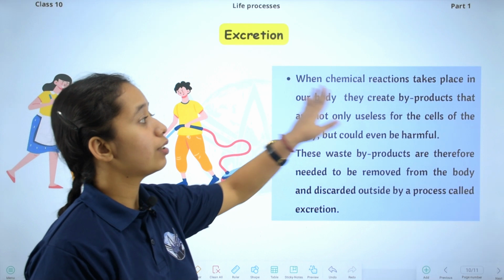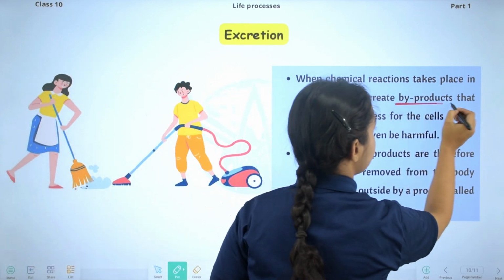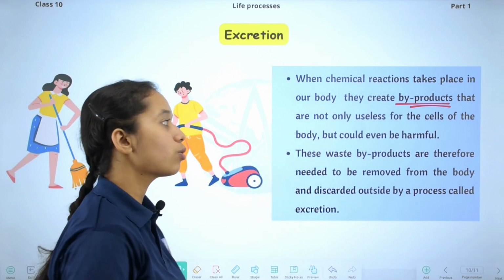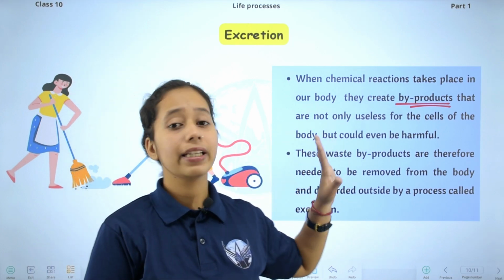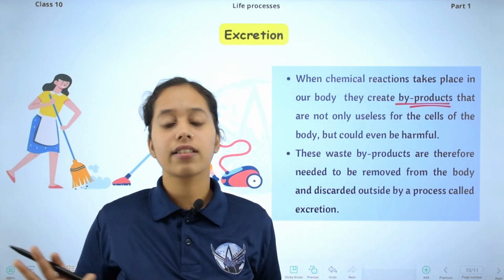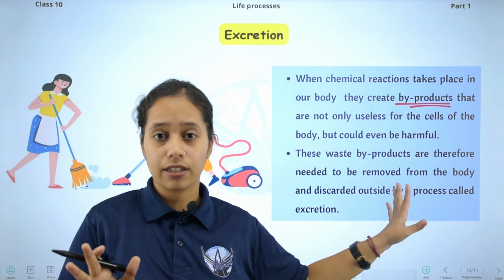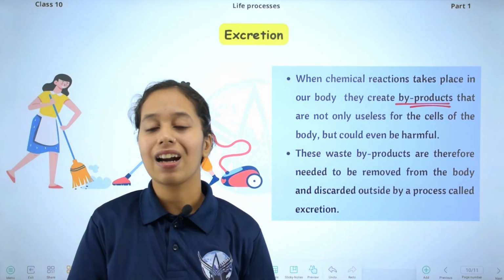So when chemical reactions take place in our body, they create byproducts that are not only useless for the cells of our body, but could even be harmful. Our body does not need these byproducts, and in fact, they could also be harmful for our body.